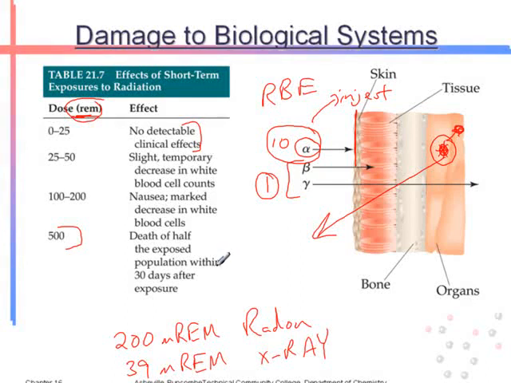The long-term effects on survivors of the Hiroshima and Nagasaki bombs, dropped in 1945 to end World War II, that's a problem. You have lingering radioactivity in the environment, and the humans have to live around that. That's when you start getting these higher levels of exposure to the radiation, and that's where you get not just nausea. I can deal with nausea. It's this horrible stat here: death to half of those exposed after 30 days of exposure to the radiation.